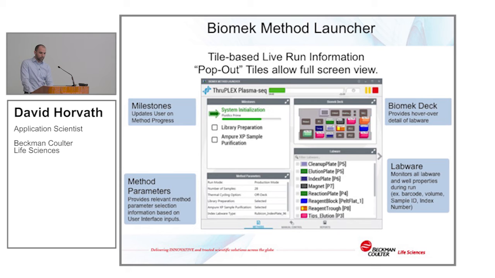In the labware view, it monitors all labware and well properties. So you're going to be able to expand the view of each of these pieces of labware and get a higher resolution as to what's in that plate. Zach mentioned data sets and tracking index values from a source plate to a destination plate.